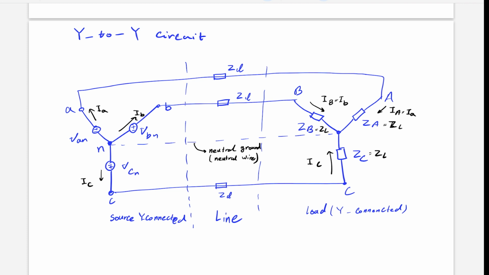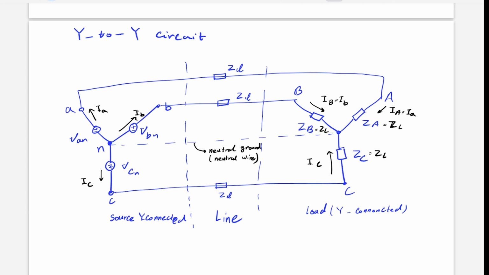If you connect this part to that part with a wire, there won't be any current flowing from that node to this node, because they're at the same potential. So their potential difference is 0, and we won't have any current going through it.